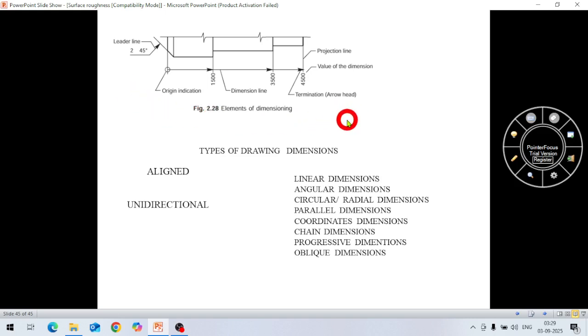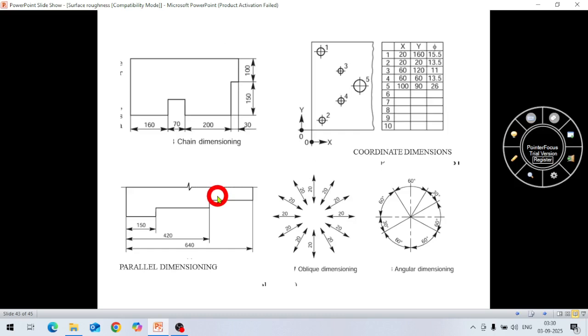And now we discuss types of dimensions. In types of dimensions, aligned and unidirectional. First we should understand what is aligned and what is unidirectional. In all these types of arrangement of dimensions, these can be used aligned or unidirectional. So how is it aligned and unidirectional?